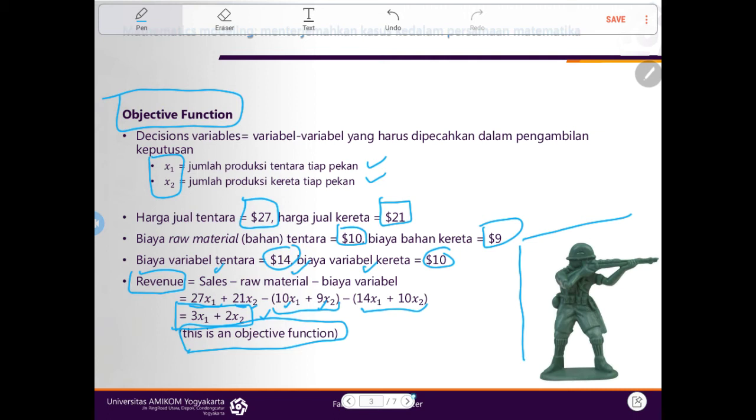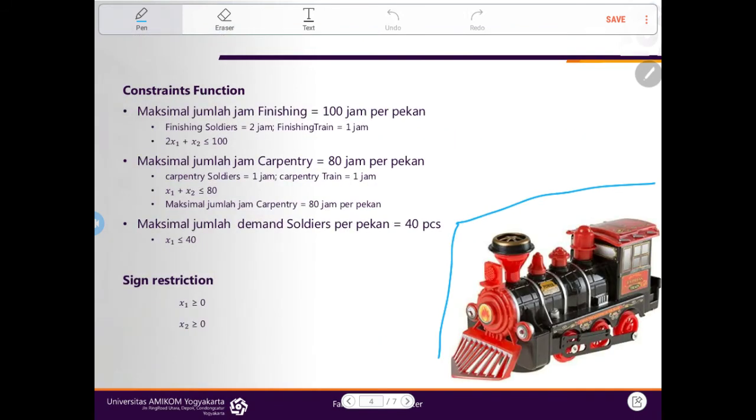Okay, that is the objective function. And after you know the objective function, you must know the constraint functions. You have 3 constraints here. The first constraint is the maximum of time. You only have 100 hours for finishing.